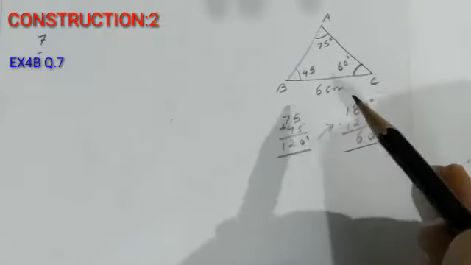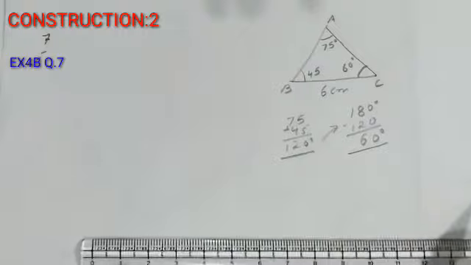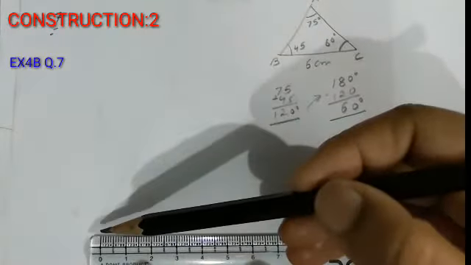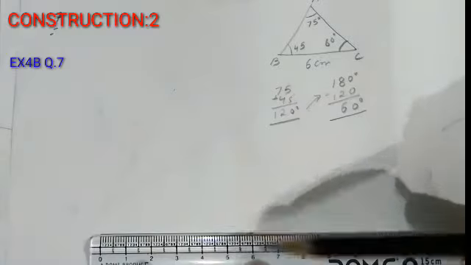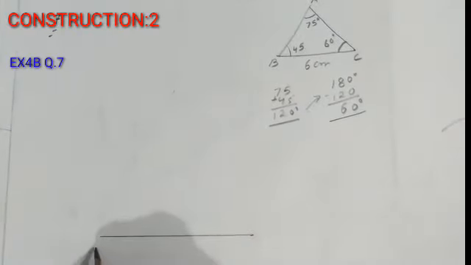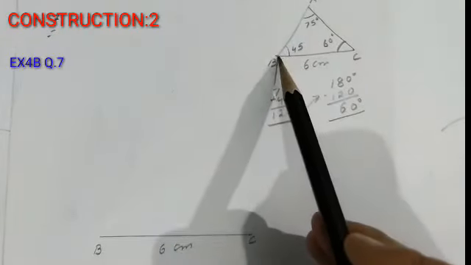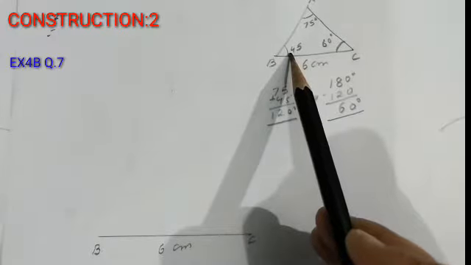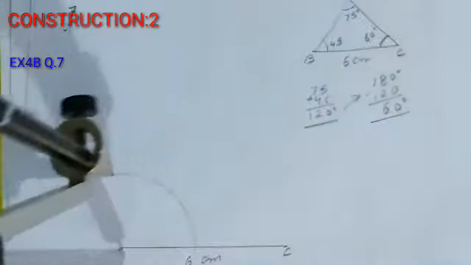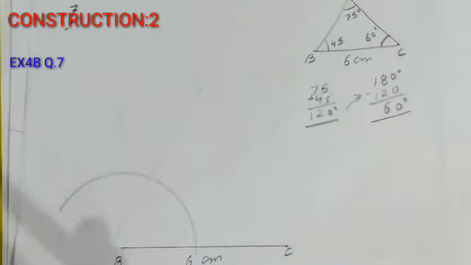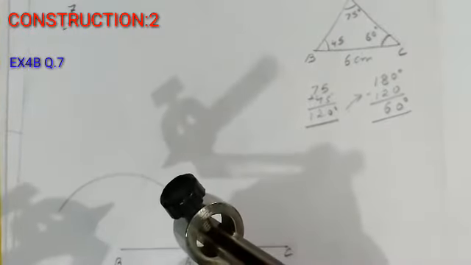So let's move to the steps of construction. Step 1, draw BC equals 6 centimeter. Step 2, angle B of 45 degrees. So let's construct an angle of 45 degrees. To make 45 degrees, first we make an angle of 90 degrees and bisect.